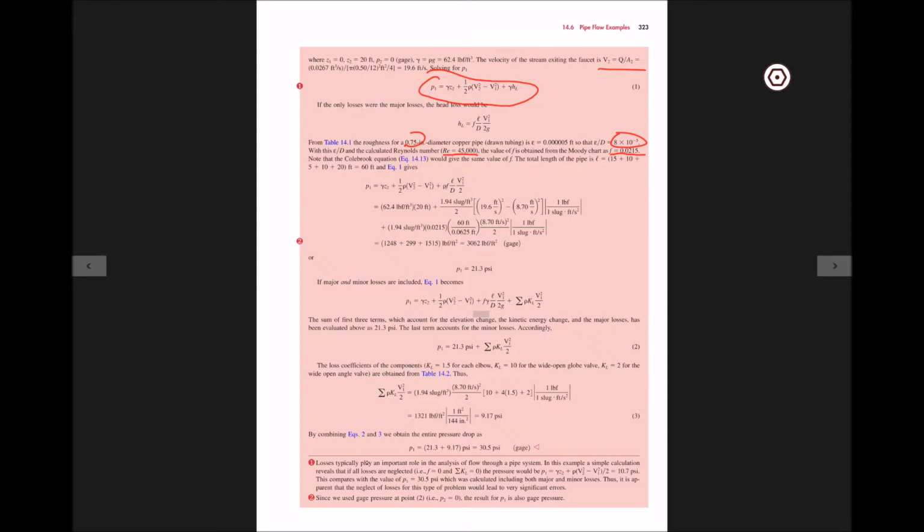Plugging in all the numbers that we have, L is the total length of the piping. We are coming up with our pressure.